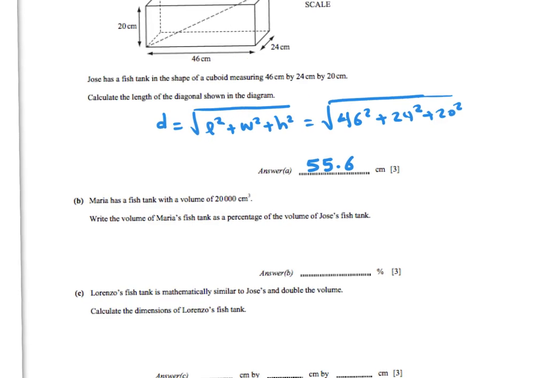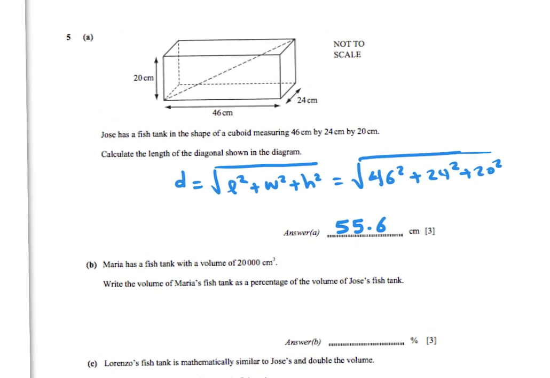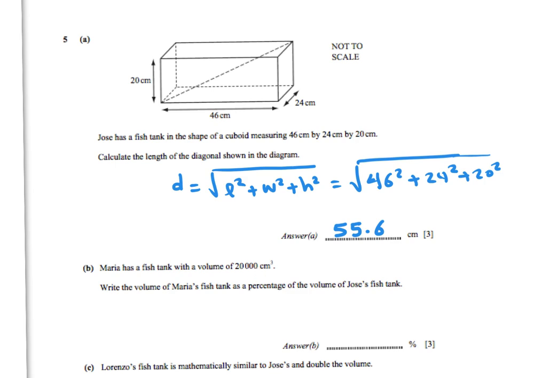Maria has a fish tank with a volume of 20,000 cubic centimeters. Write the volume of Maria's fish tank as a percentage of the volume of Joe's fish tank. This cuboid is Joe's. So to find the volume of Maria's tank as a percentage, we take 20,000 over the volume of Joe's tank, which is length by width by height.